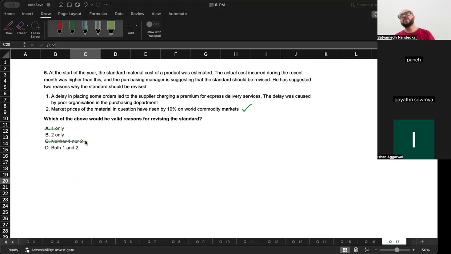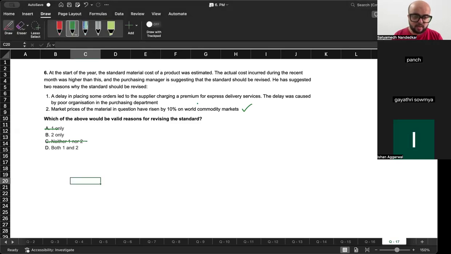See, poor organization in purchasing department talks about lack of efficiency, or it basically hints towards not doing your job properly. You don't need to revise the standard, you need to improve the efficiency of operations. So statement 1 ke wajah se you will not revise the standard. If statement 1 wala situation exists, you should improve the quality of your operations. So this is out. 2 only. Theek hai. Yes.